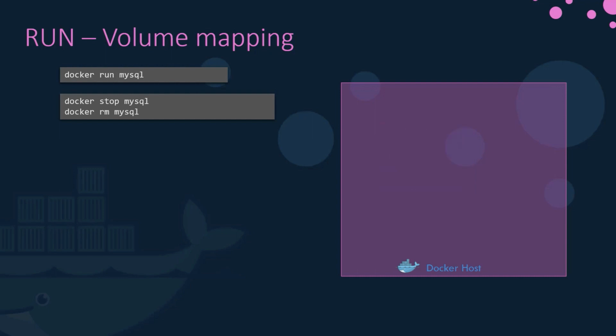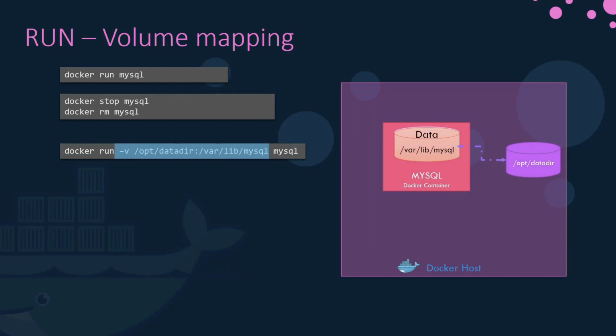meaning all your data is gone. If you would like to persist data, you would want to map a directory outside the container on the Docker host to a directory inside the container. In this case, I create a directory called /opt/datadir and map that to /var/lib/mysql inside the Docker container using the -v option and specifying the directory on the Docker host followed by a colon and the directory inside the Docker container.